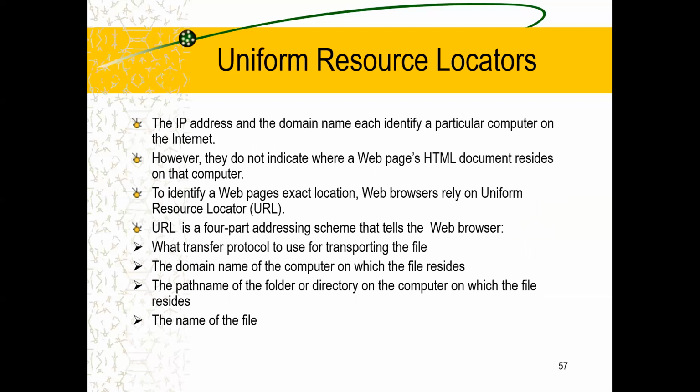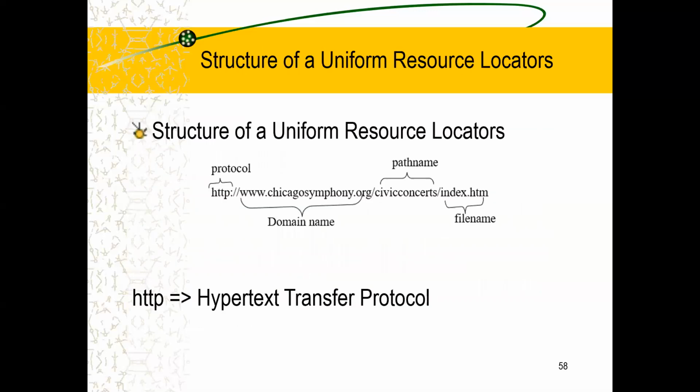To identify a web page's exact location, web browsers rely on the uniform resource locator, which is a four-part addressing scheme that tells the browser the transfer protocol to use, the domain name of the computer on which the file resides, the path name of the folder, and the name of the file. This is an example of it: protocol, domain name, path name, and then file name.